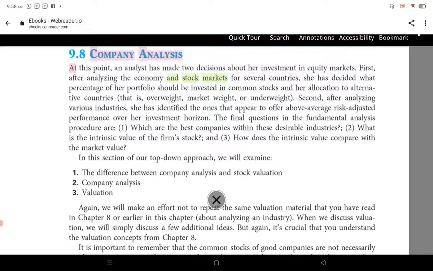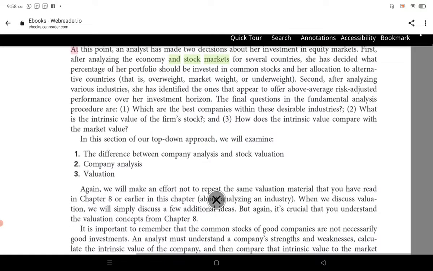So she actually analysed everything about it. Second, after analysing the various industries, she also identified the ones that appeared to offer above average risk adjusted performance over her investment horizon. Whenever she wants to decide which one is the best for her investment, the one thing that she cannot forego is the company analysis.